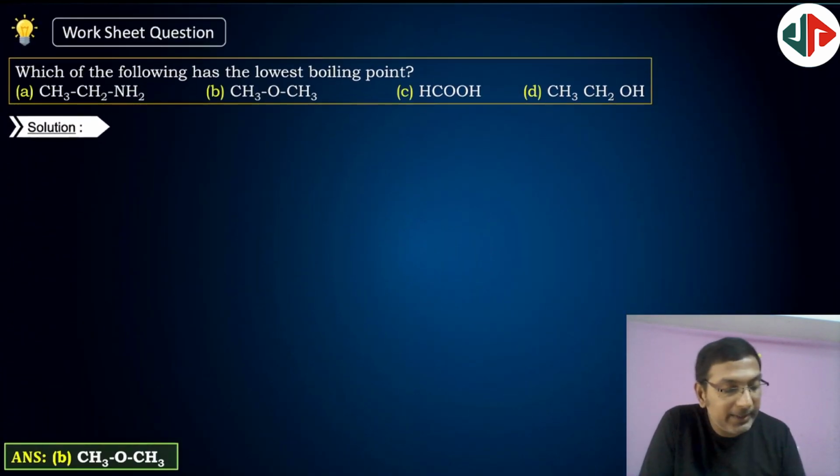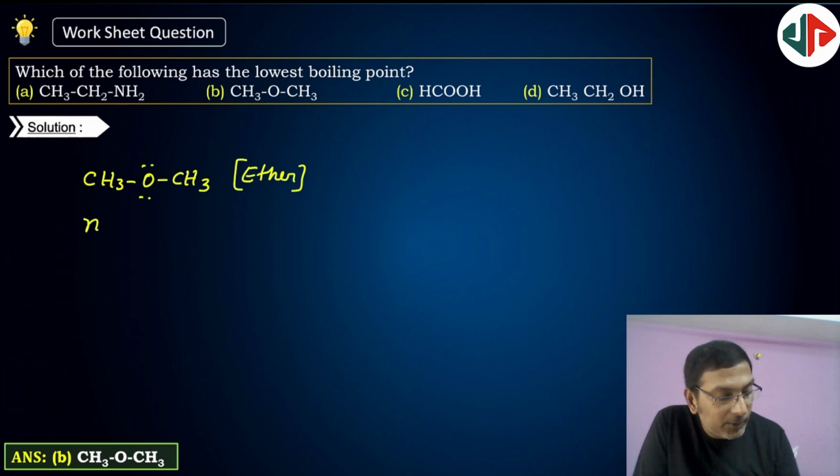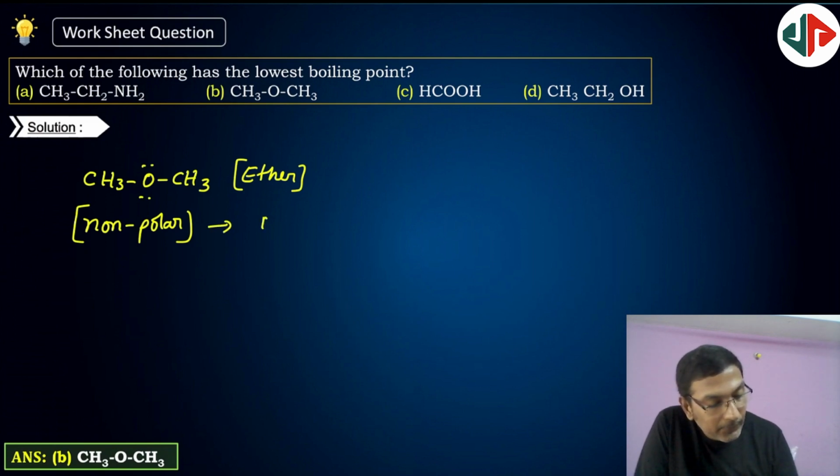Which of the following has the lowest boiling point? Check here. These have almost non-polar compounds, so non-polar compounds cannot form hydrogen bonds.